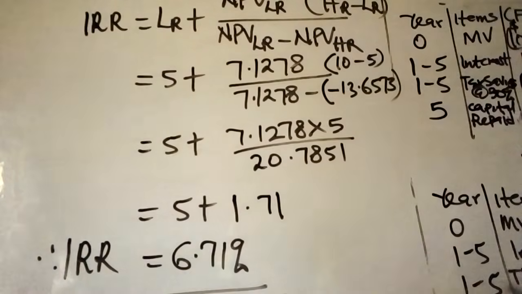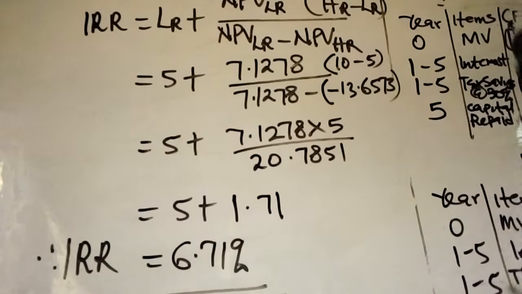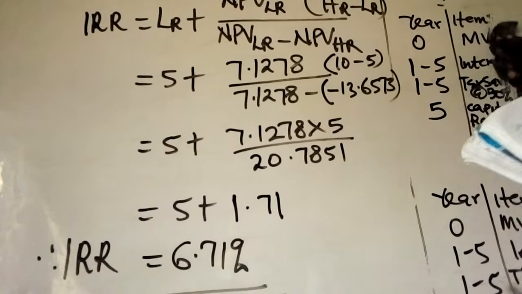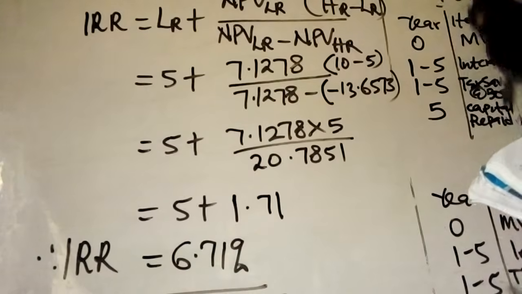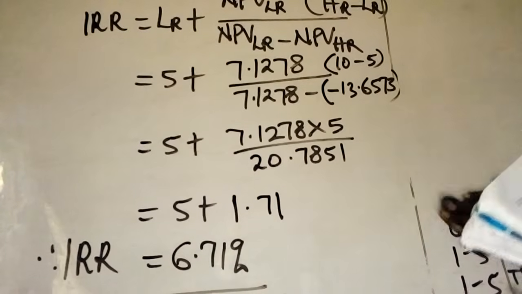So that is the cost of redeemable preference shares. So the next one is cost of convertible debt. Convertible debentures are loans or debentures that may be converted to equity.